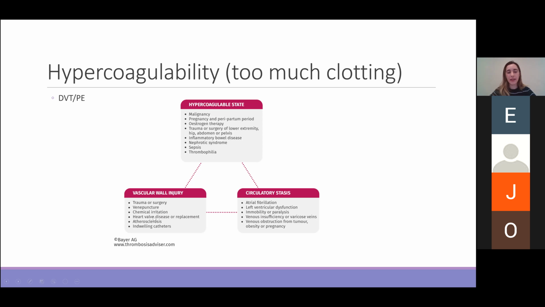Key things are heart valve disease, which makes you very liable to form clots, hence why they're often on warfarin, and atherosclerosis as well. And for stasis, atrial fibrillation is the big one. You really need to check if someone should be on anticoagulation therapy if they have atrial fibrillation. And hopefully from your cardio lecture today, you probably know why you need that.